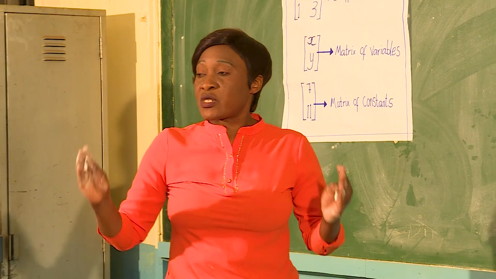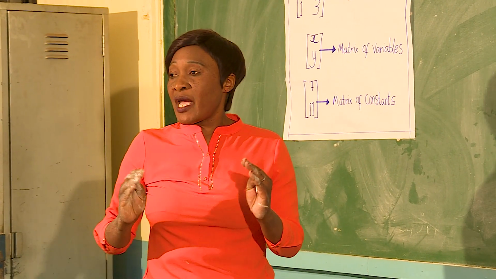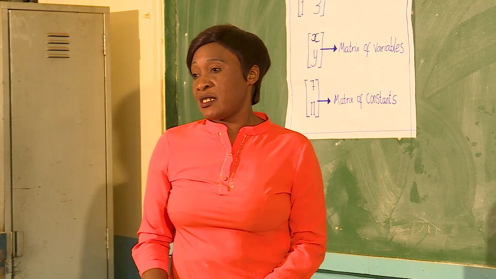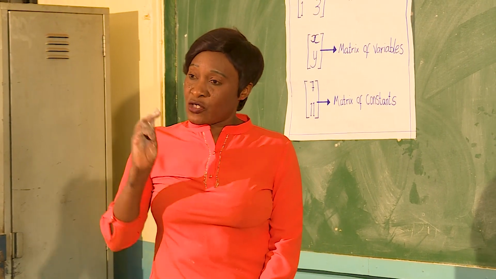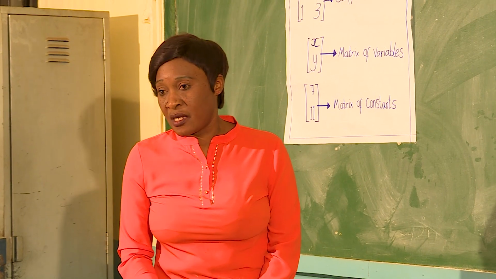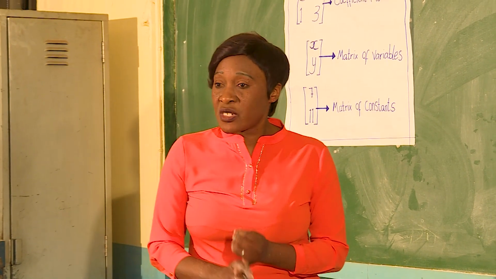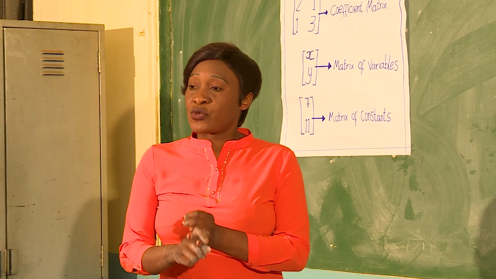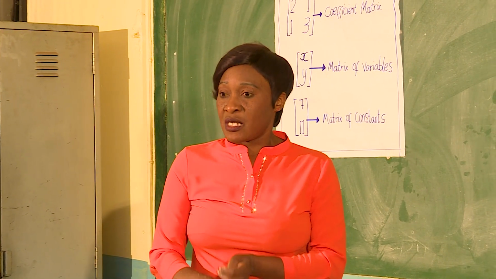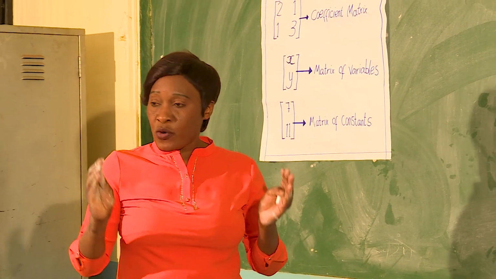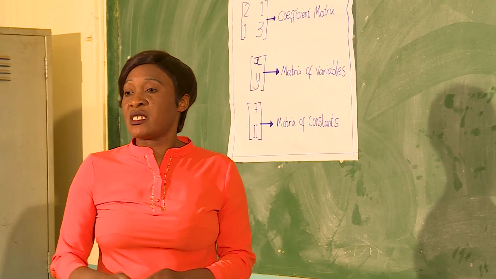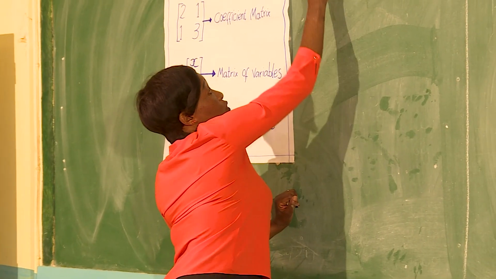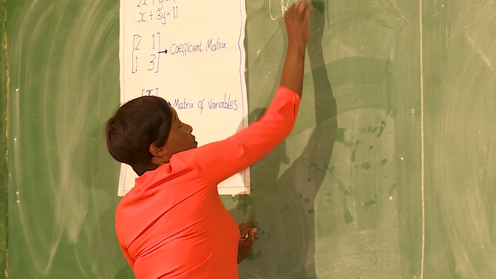Now, those are the methods that we used when we were in grade 9. Now, since we have moved a step forward, we are going to look at the two methods that we're going to be using. And these are the matrix method and the Cramer's rule. So today I'm going to take you through the Cramer's rule on how we can solve linear equations in two variables.